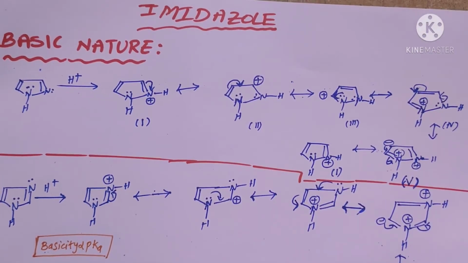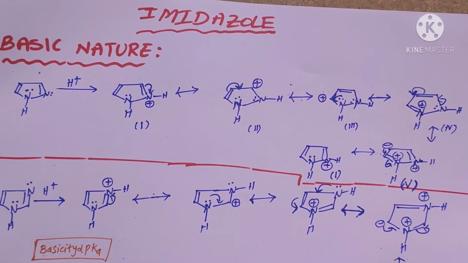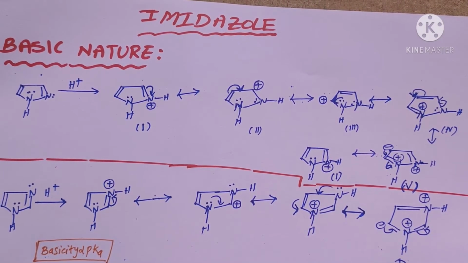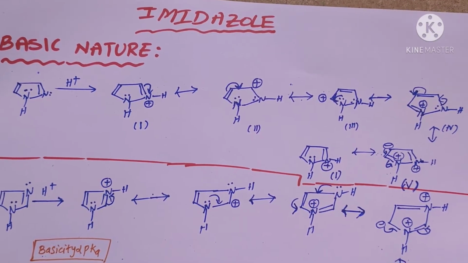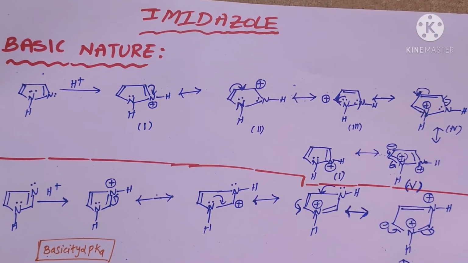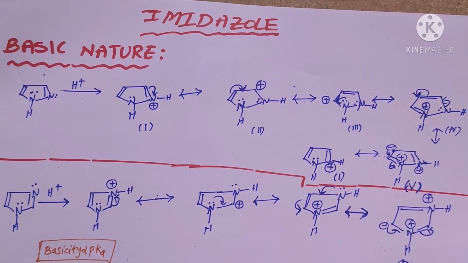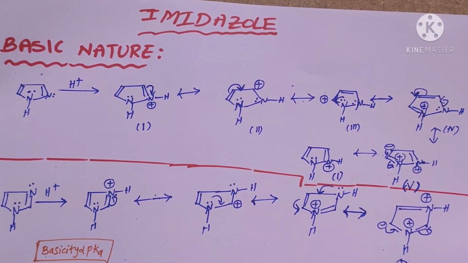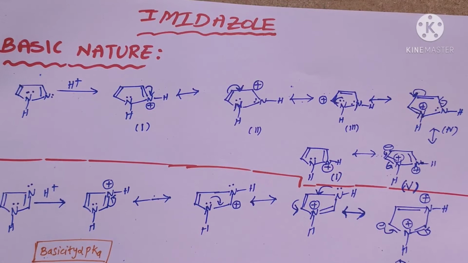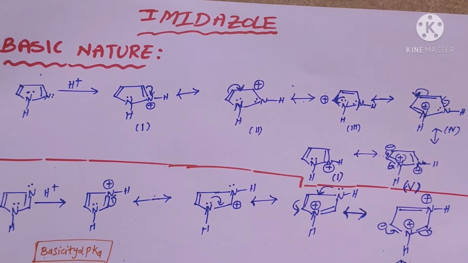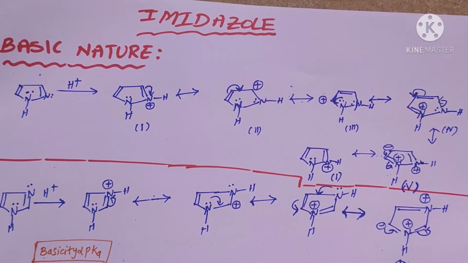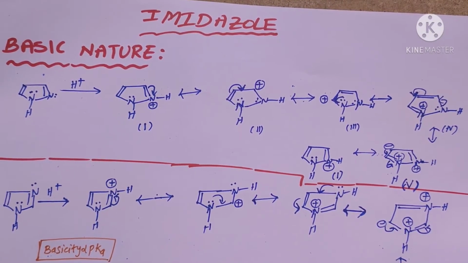Now we discuss the basic nature of imidazole. In imidazole, two nitrogen atoms are there, so we can say it acts as a Lewis base. In a similar manner, pyrazole also has two nitrogen atoms, so pyrazole also acts as a base. Among these two, imidazole is the stronger base.